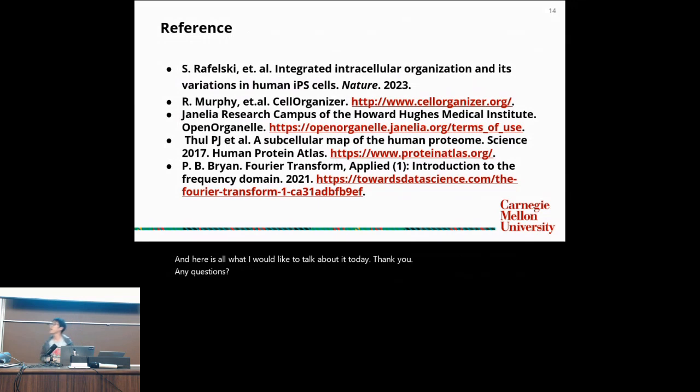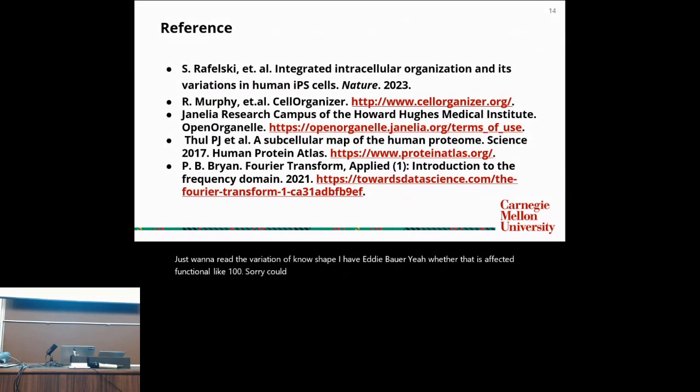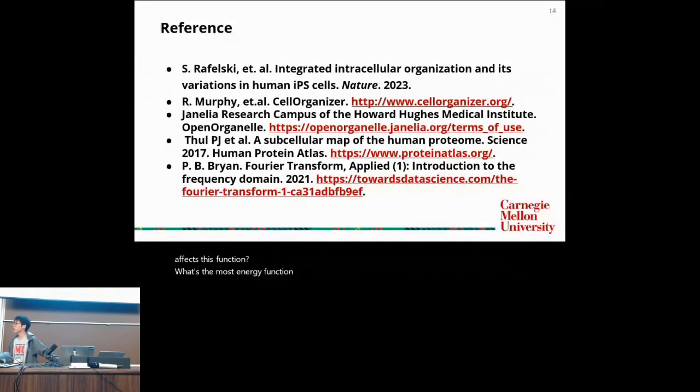Quick question. Just wondering if the variation in the shape has any biological content, whether that affects the function of mitochondria. Sorry, could you please repeat? The morphological variation, whether that affects the function of mitochondria.